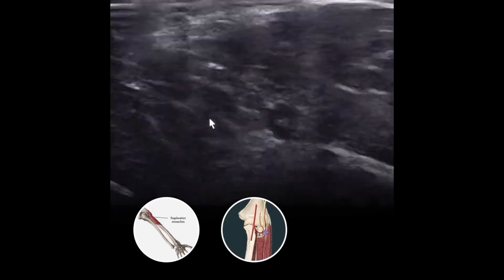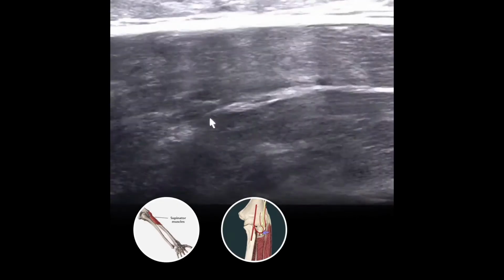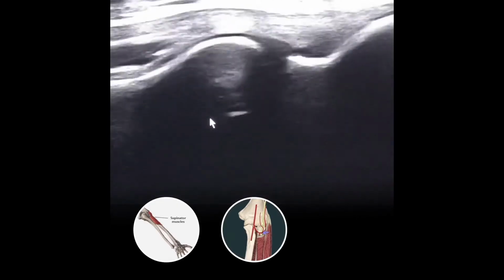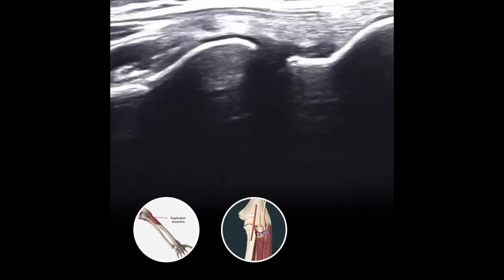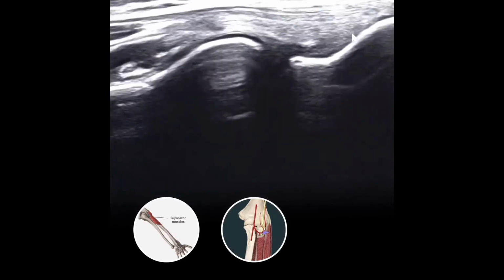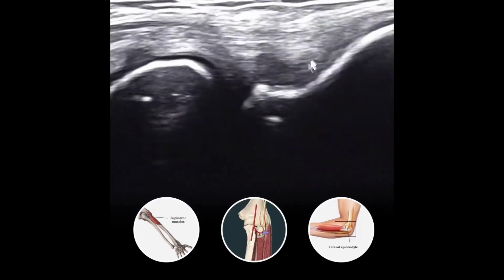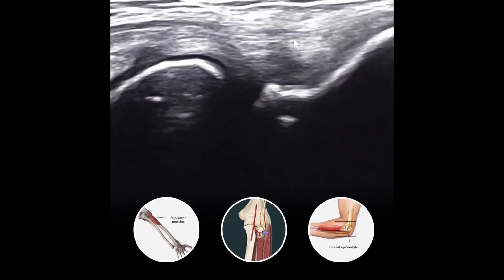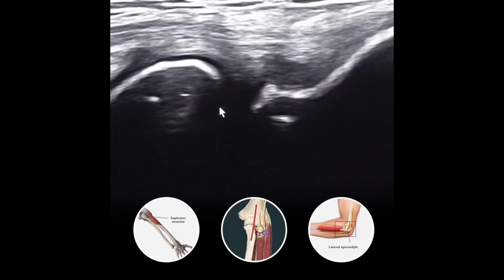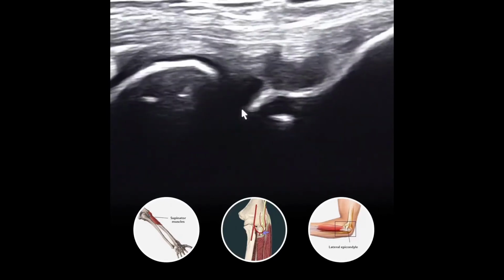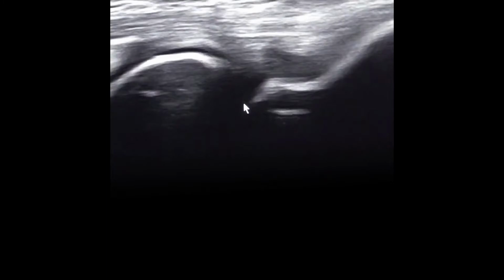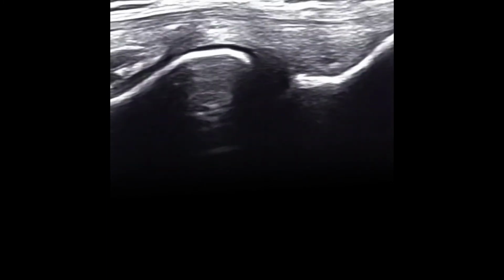So if I move slightly more out to show you tennis elbow, lateral epicondyle, common tendon insertion. Now, the patient that you see, the patient has no problem. Once I'm done, I'll show you a problem with the nerve. So this is common tendon insertion.